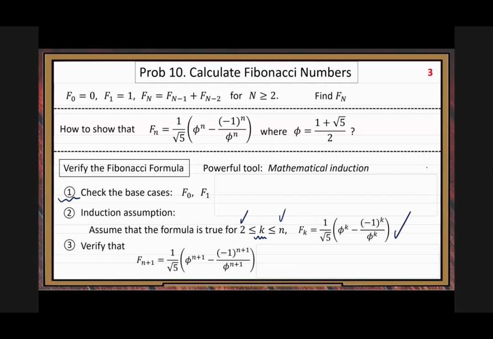Because this time, when the k number equals n plus 1, it is out of this range. When it is out of the range, you cannot apply this assumption. So you have to use algebra operations to prove it rigorously.